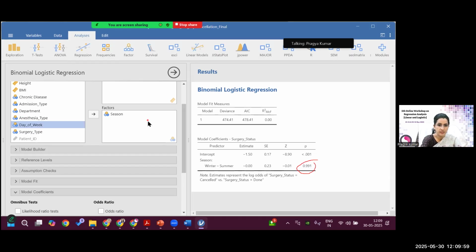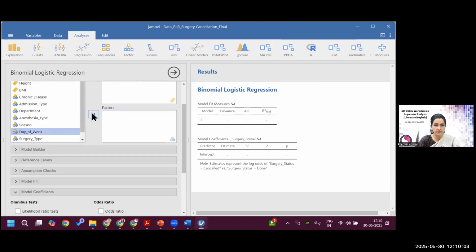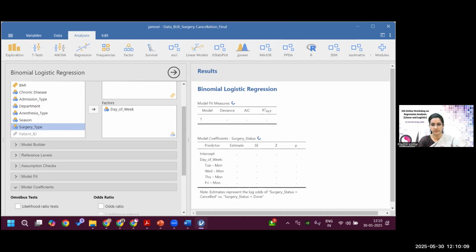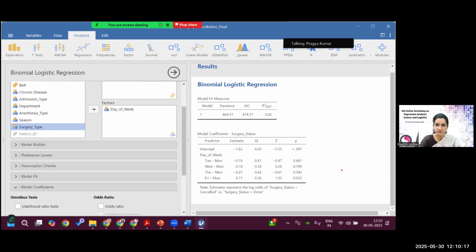Now next is days of week. You see that the days are mostly non-significant. There's only one significant, so it is up to you.